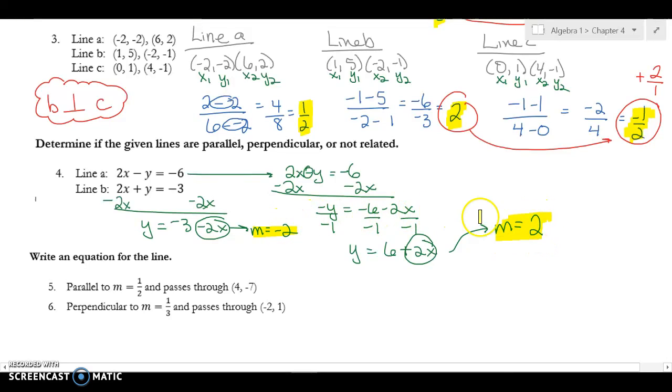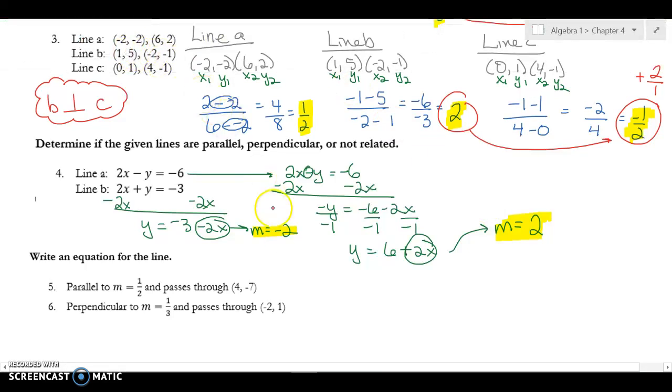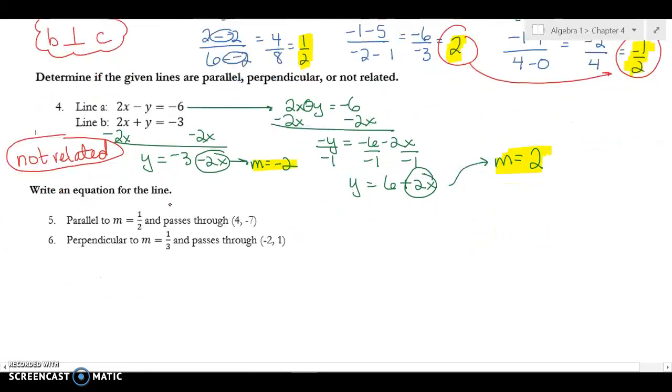Well, they're close to being the same, but they have different signs, so they're not parallel. Perpendicular is flip and change. They're changed, but they're not flipped. So these are actually not related. Oops, I believe I missed that circle. There we go.